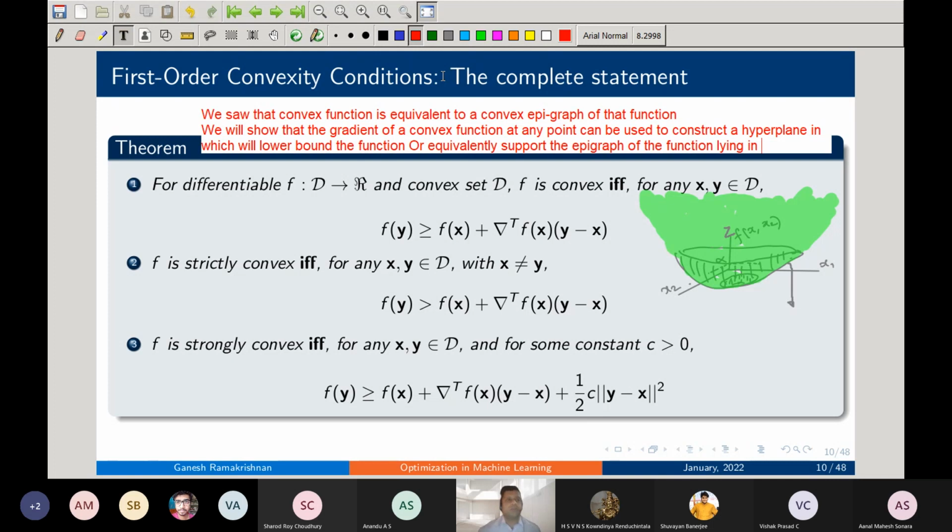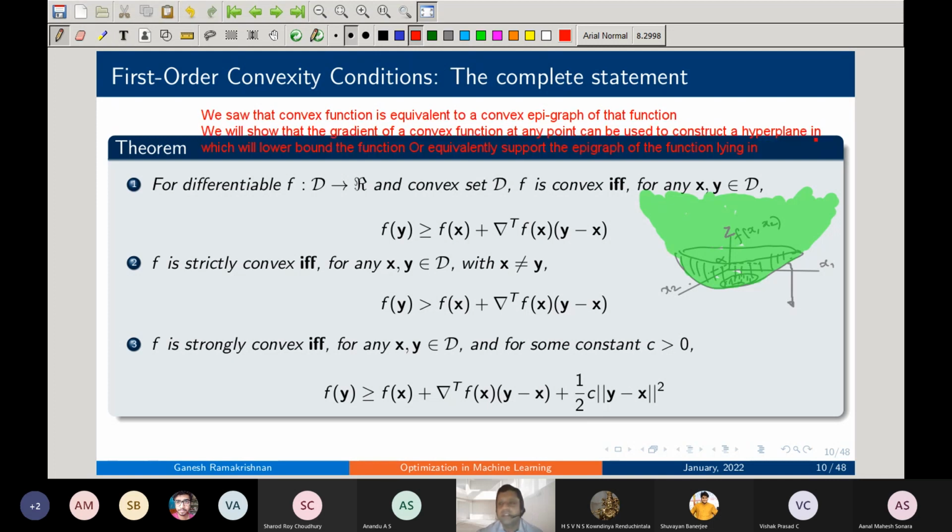So both are in R^(n+1). The hyperplane is in R^(n+1), and so is the epigraph of the function. That's exactly what we are showing, this lower bounding thing. I'll draw a better picture soon.